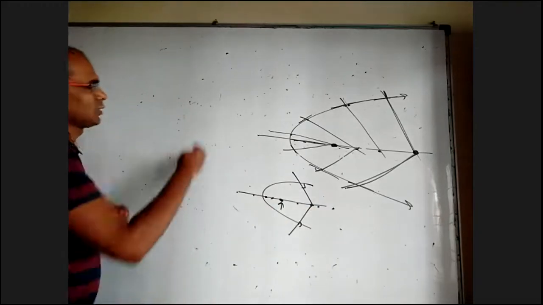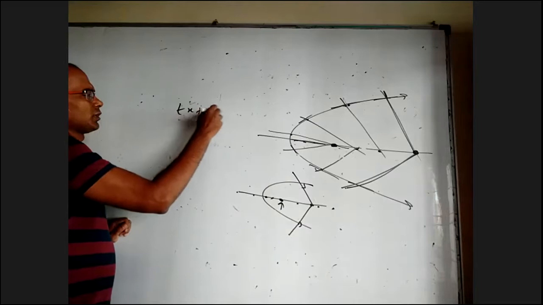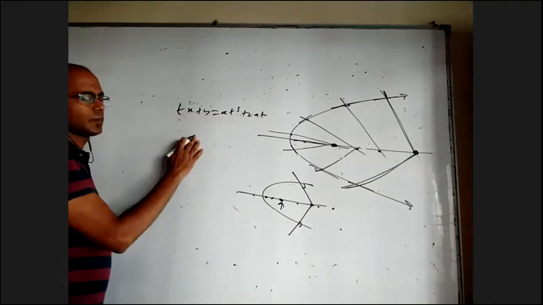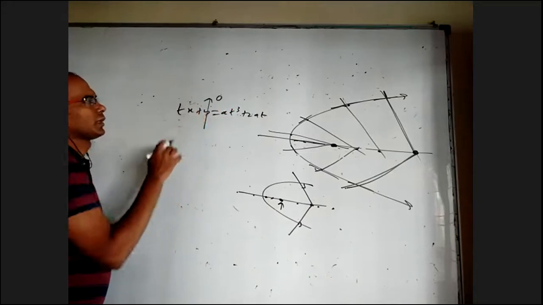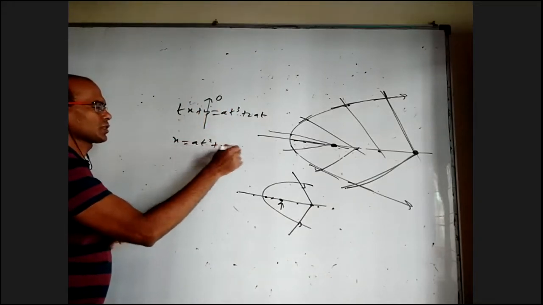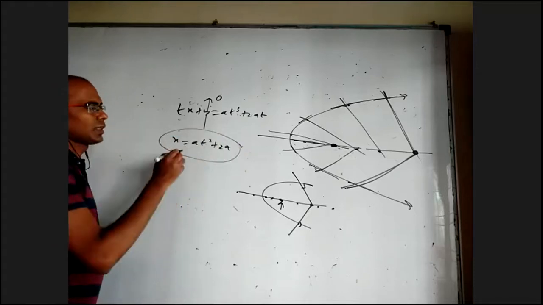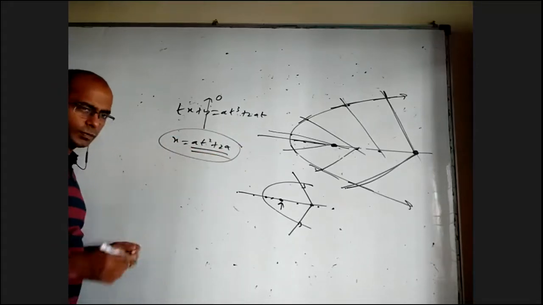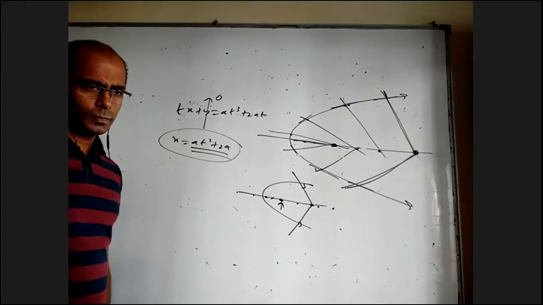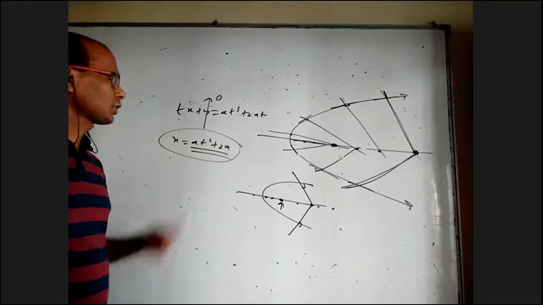Another method is, if you take a normal, let us see what is the x-intercept of that. For the x-intercept, put y equal to 0, then divide by t. Look, x is equal to at square plus 2a. What is the least value of at square plus 2a? 2a. Yes, sir.